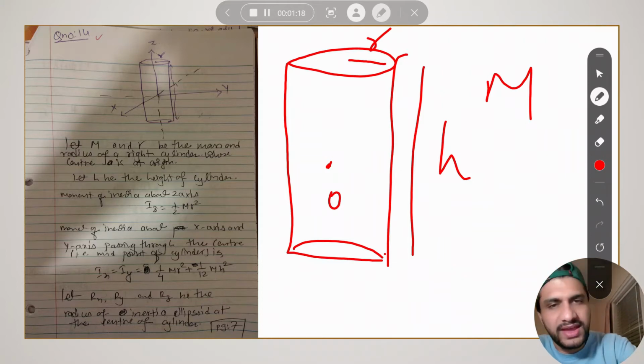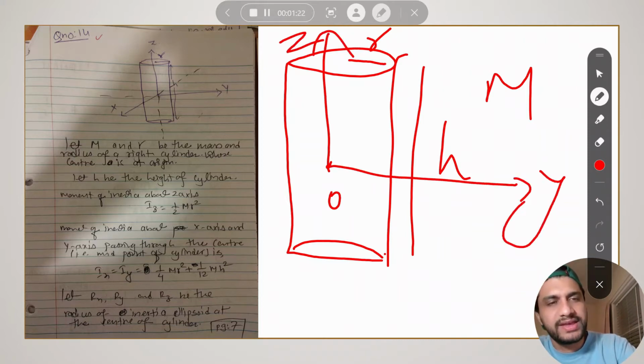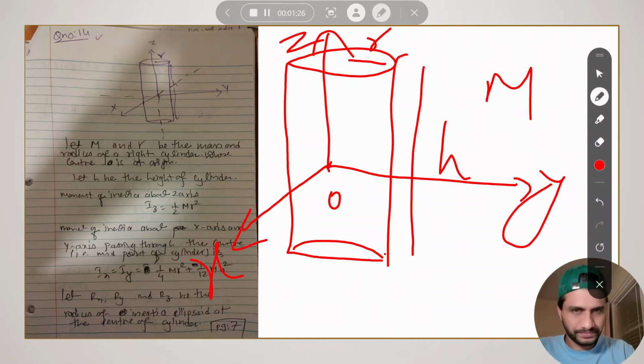And let me draw three axes. This is the z axis, this is the y axis, and this is the x axis. They are mutually perpendicular axes. Now we are going to calculate the moment of inertia. Consider this is a right cylinder.